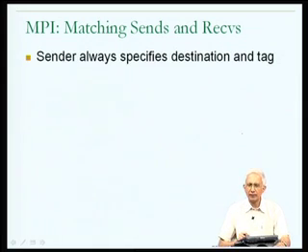Now, the default as we understand it is that one may use message tags, and that the sender will specify, in the MPI_Send function call, what the destination is. In our example, process P0 must mention that it wants to send it to the process with rank 1, and it could also specify the tag.